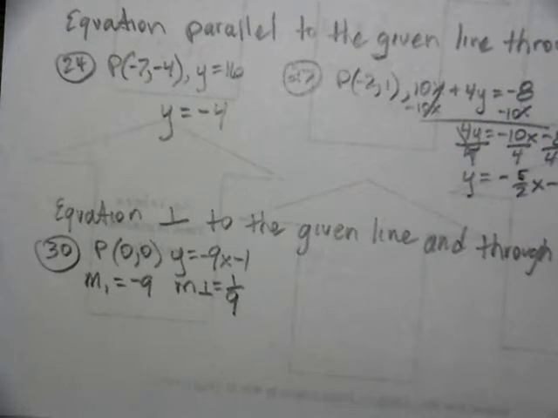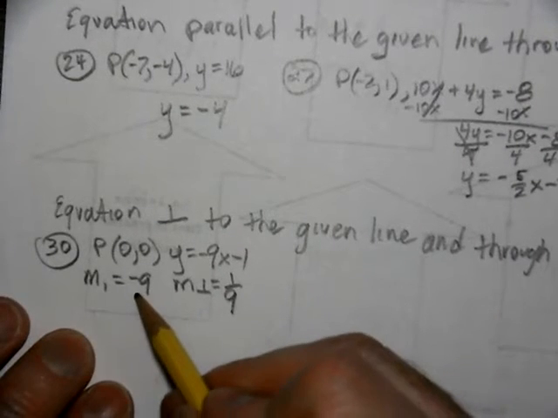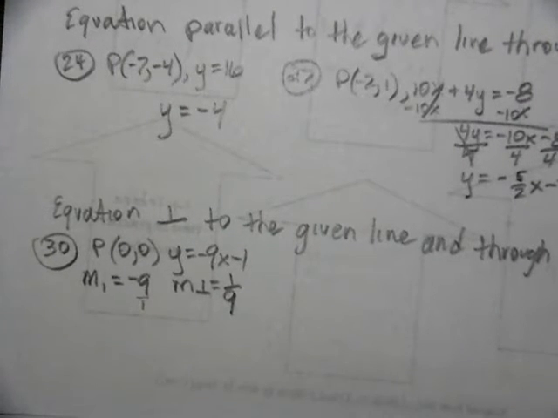Remember, you take what you have, which is negative 9 over 1, you change the sign to make it positive, and then you flip it upside down to get 1 over 9. So that's what our slope's going to be. We want it to go through this point.